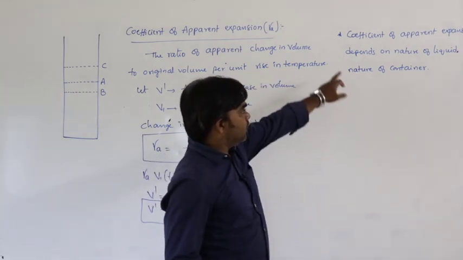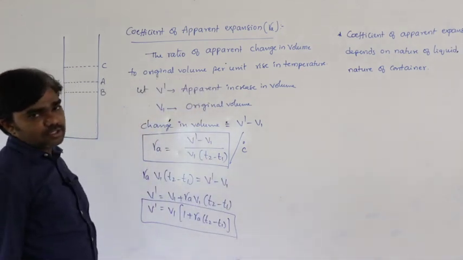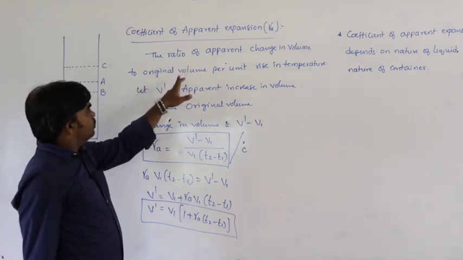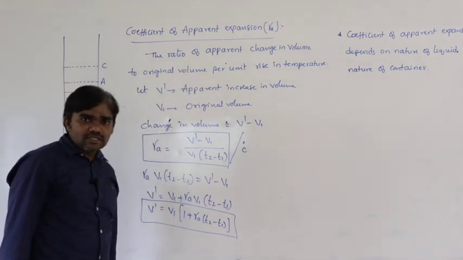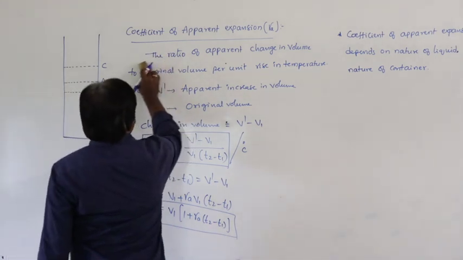This point is very important. So this is the coefficient of apparent expansion: the ratio of apparent change in volume to original volume per unit rise in temperature. Next, to the definition.